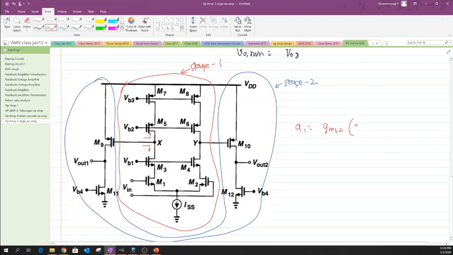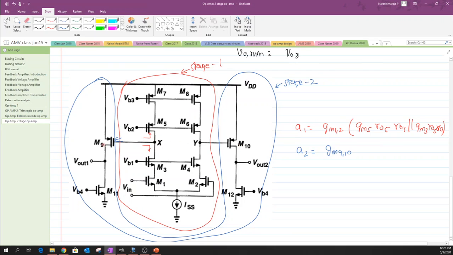So, since we have already done this expression before, I am just writing the final expression of it. It's Ro1. Yeah. So, this is the total gain of stage 1, whereas stage 2 has a simple CS amplifier structure, due to which the gain of that can be written as gm9,10, because this is where the output of stage 1 is fed as an input to these structures.